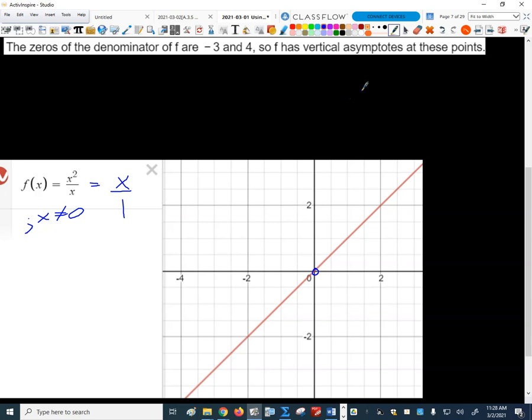Any questions? Give me a 1 to 5 on that. Okay, once again, how would you know? Well, if I simplify this, the zero of the denominator disappears. So therefore it's a hole.